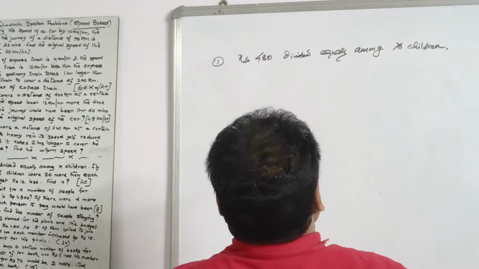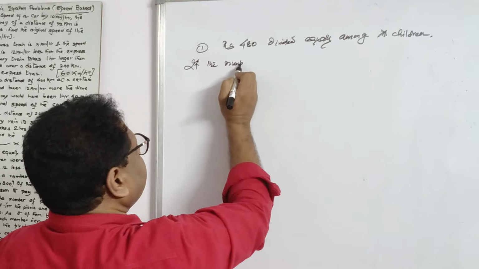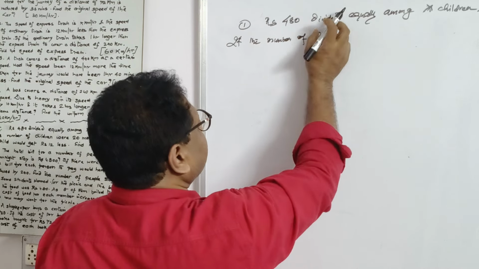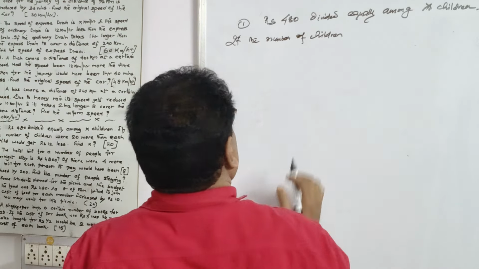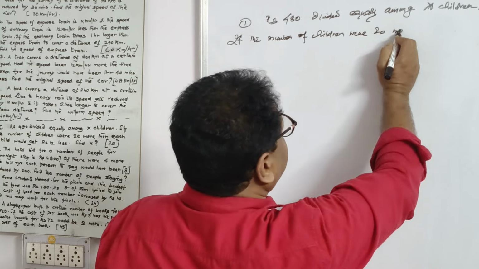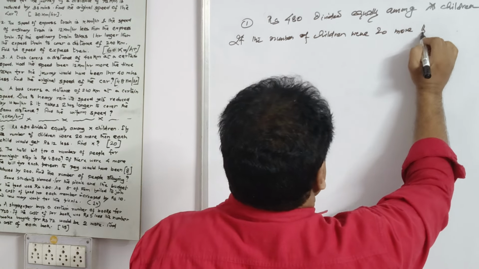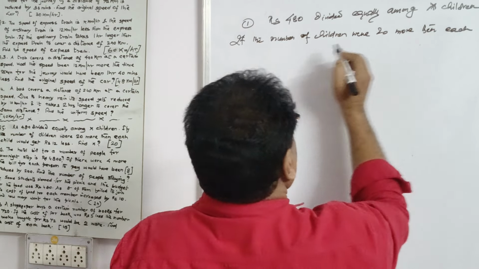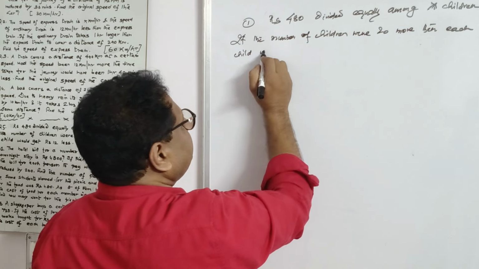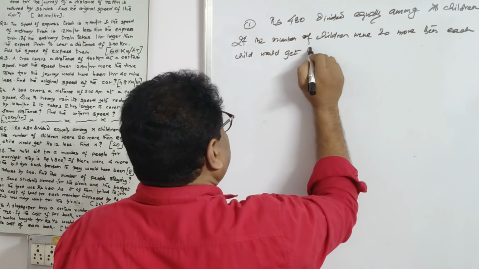Now, if the number of children were 20 more, then each child would get rupees 20 less.